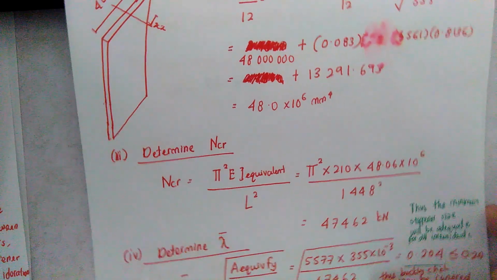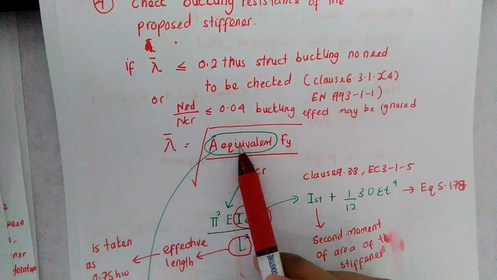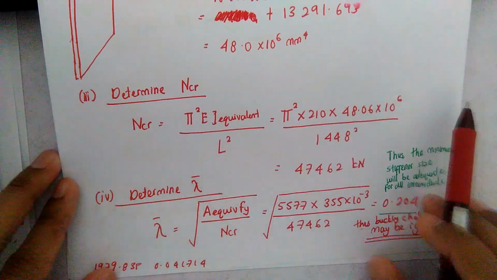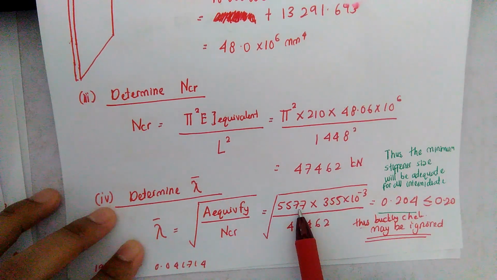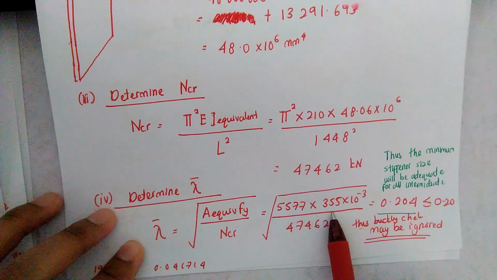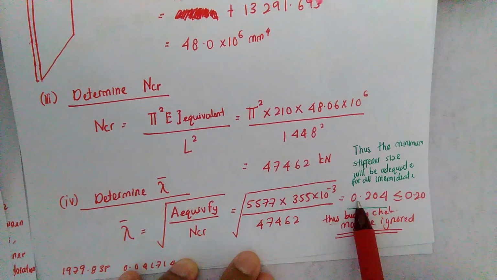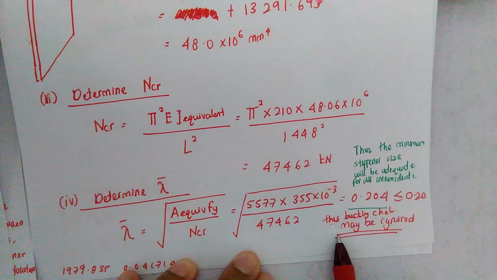Once you get all this, you can now solve these equations by inserting A equivalent, f_y and N_cr. A equivalent, which has been calculated earlier, 5577, times f_y over your N_cr, and you get 0.204, which is approximately equal to 0.2.